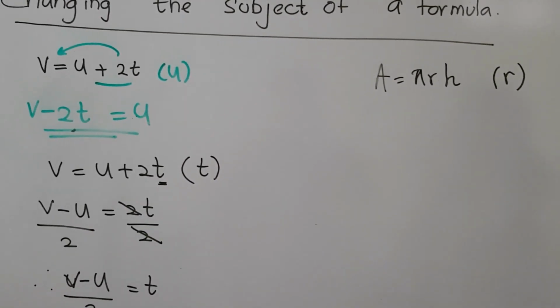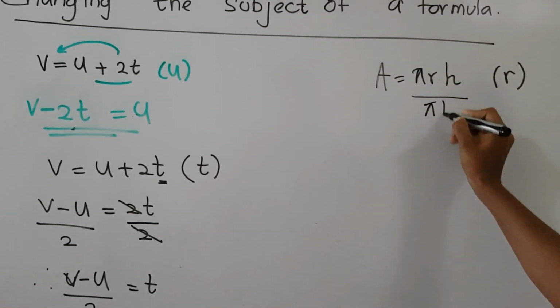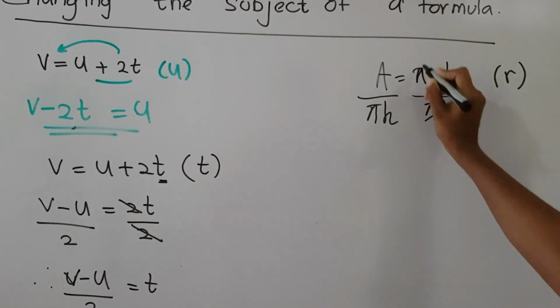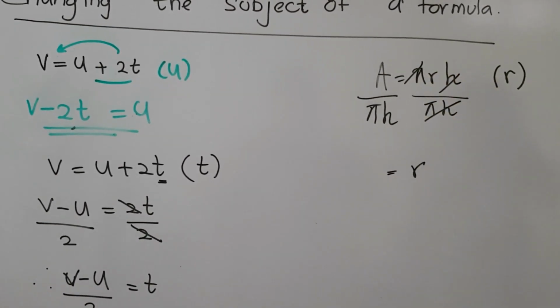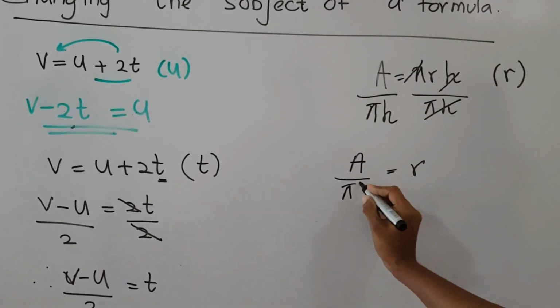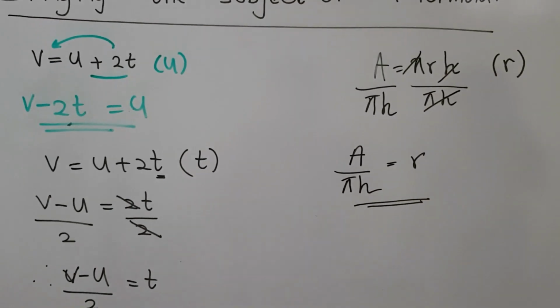So together we can remove the pi and the h. So we divide by pi h on both sides. So you can see R will stand alone. R is equals to A over pi h.